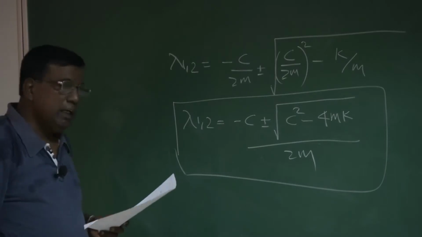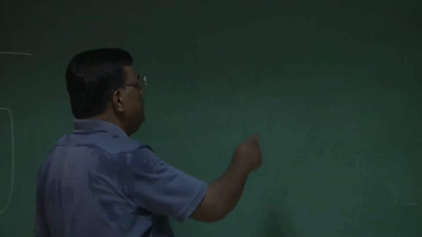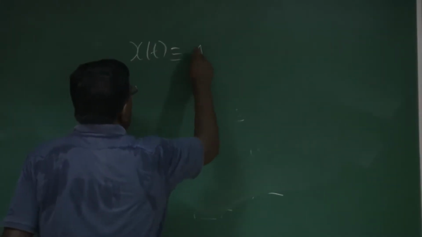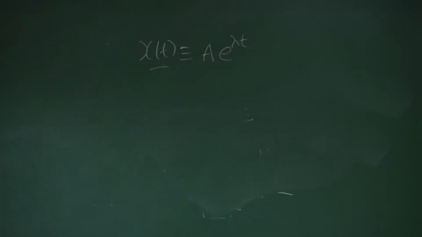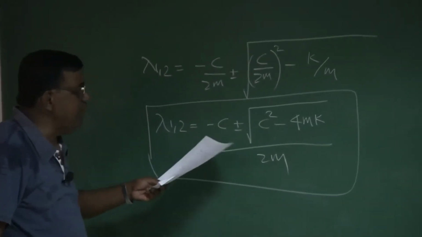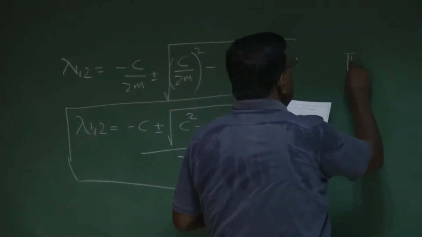We have understood, since the solution of the perturbed quantity x of t is modeled as a e to the power lambda t, how the x of t will vary will depend upon the nature of lambda. And lambda will have different values depending upon, number one, it has 3 roots.